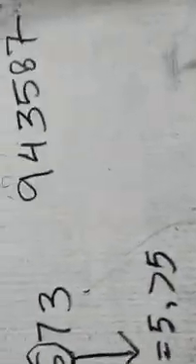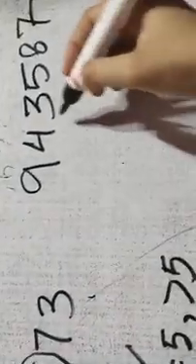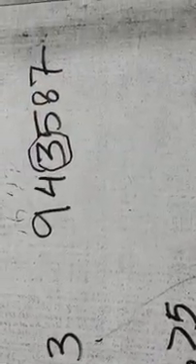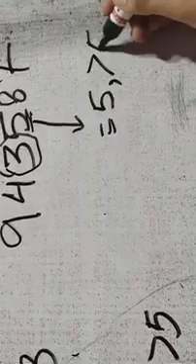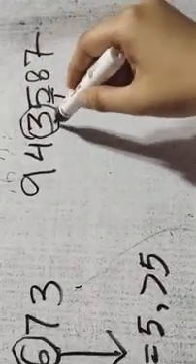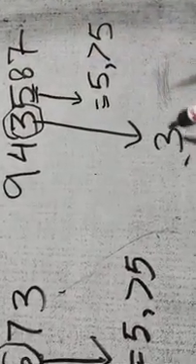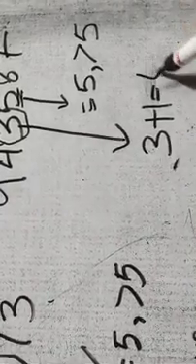Okay. So we will take one more example. 943587. We have to round it off to nearest thousand. Now we'll see the hundreds number. If it is equal to 5 or greater than 5, this number will add 1 to itself, that is 4.